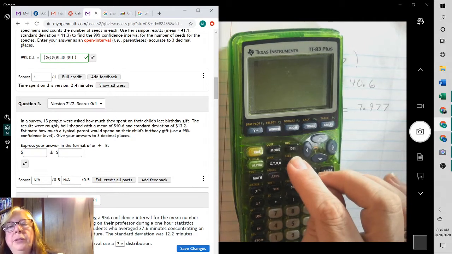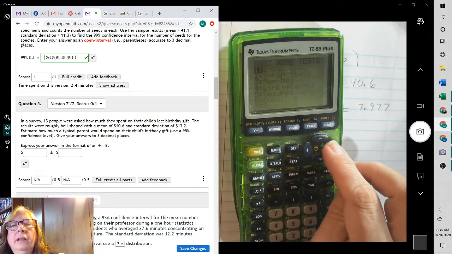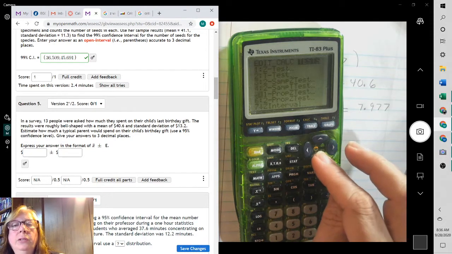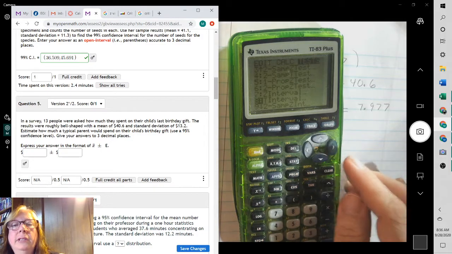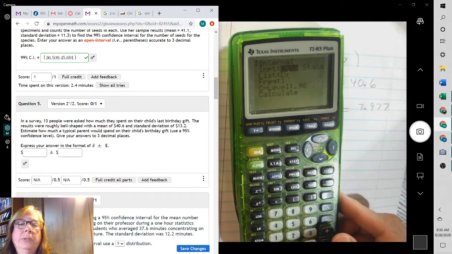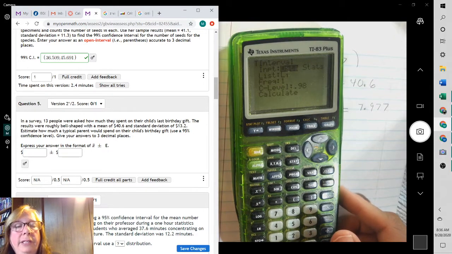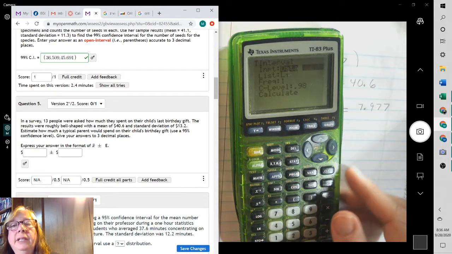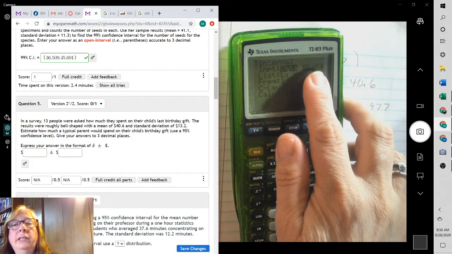We want to go under Stat and over to Test and down to a T interval, which is number 8, T interval. Because the sample size is small and the standard deviation is from the sample. This time they're giving us stats, so you use statistics.